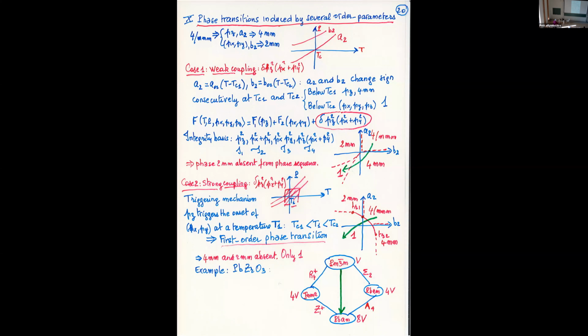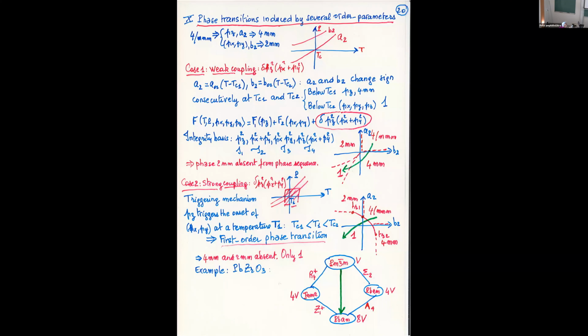And we have another case now. If we have a strong coupling, strong means that, for example, delta is large, or that the two curves are very close to one another, we have what is called a triggering mechanism. One order parameter will trigger the other one in a very small interval of temperature.